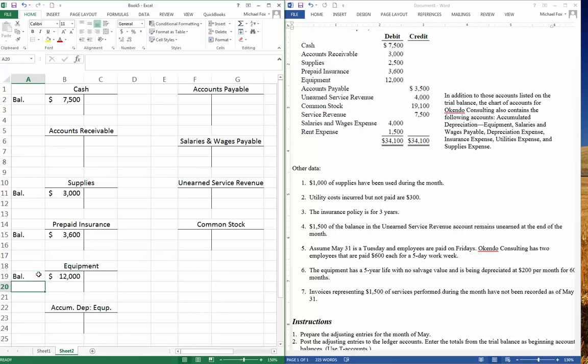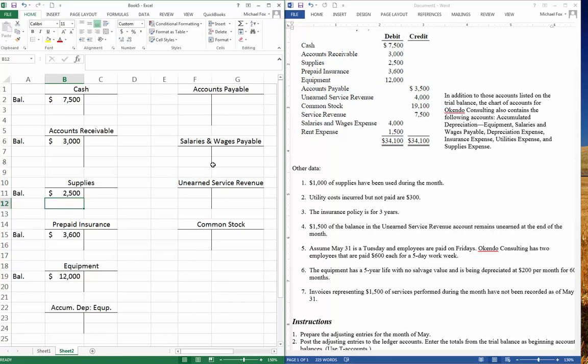And I think you get the point here. Accumulated depreciation on the equipment, there was none to start. There were accounts receivable. Whoops, I made a mistake there, didn't I? So accounts receivable had a balance of 3,000, and supplies had a balance of 2,500. No balance in the accumulated depreciation account.